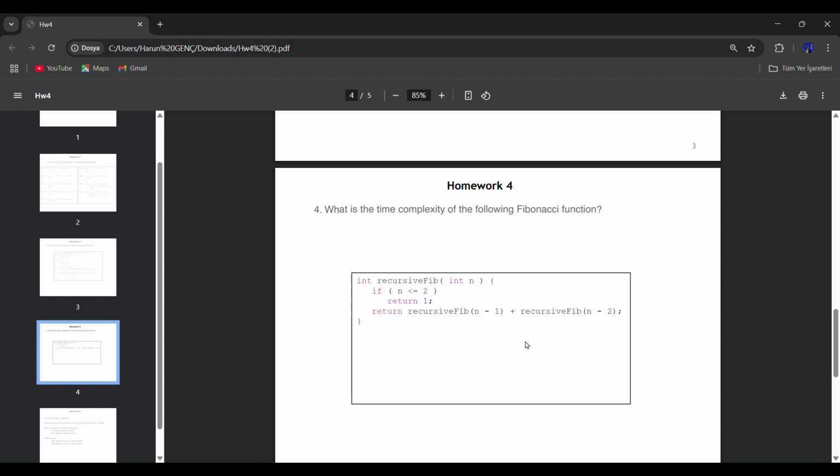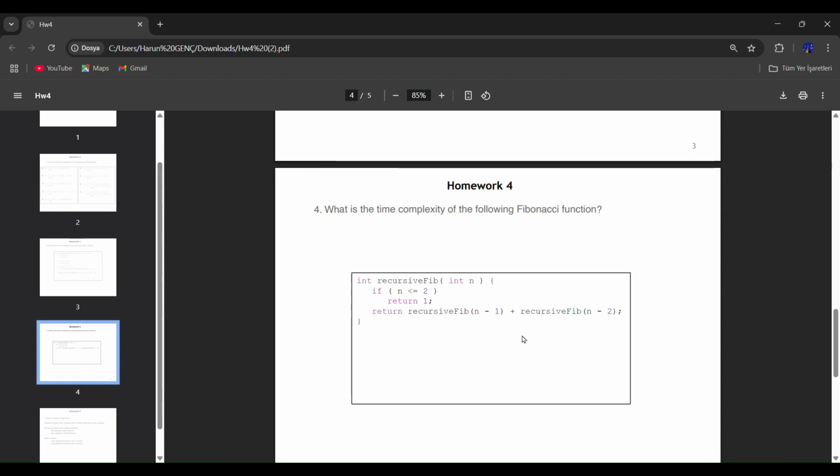Many Fibonacci numbers are computed multiple times. For example, recursive Fibonacci 3 is computed twice in the above tree. The exponential growth of recursive calls makes it impractical for large values of n.